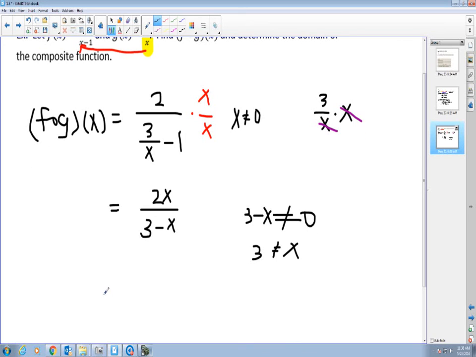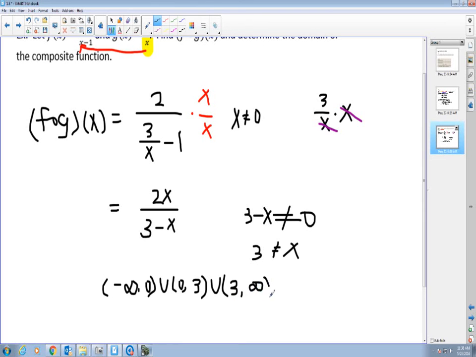So my domain has to be from negative infinity all the way to 0, union, and then from 0 to 3, and then union on the right side of my 3 from 3 to infinity.